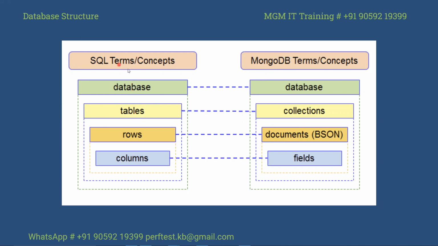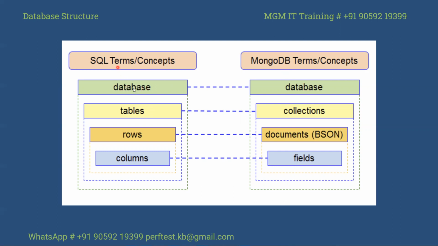In relational database terminology, we call it a database. What are the different databases that we have? Relational databases like MySQL, Microsoft SQL, Oracle database, and all, right? In MongoDB also, we call it a database, similar to SQL terminology.